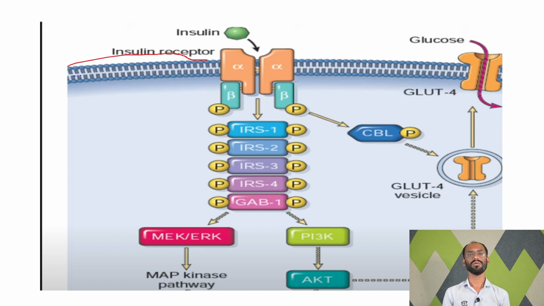As we know, insulin is transported to the three target organs, and insulin attaches to the tetrameric receptor. So this is the tetrameric receptor of insulin. When insulin attaches to this tetrameric receptor, it activates the IRS complexes, and this IRS complex performs the process of trafficking and docking.